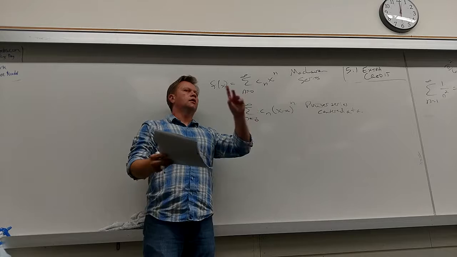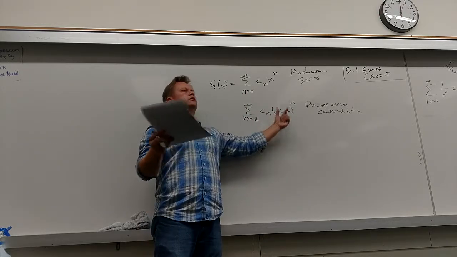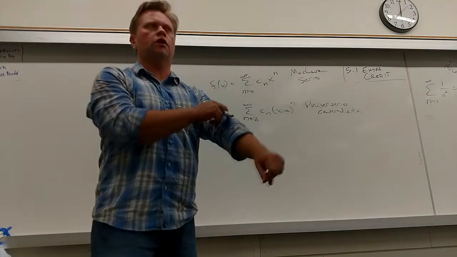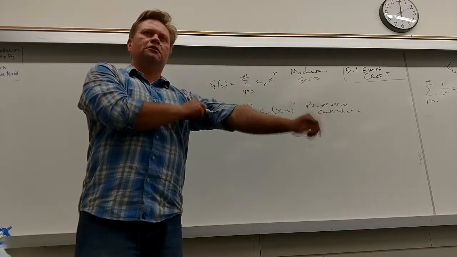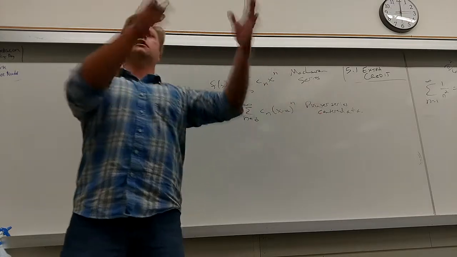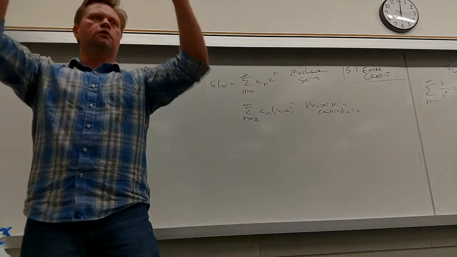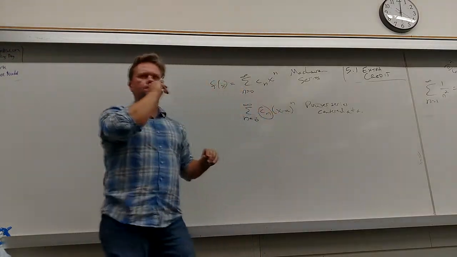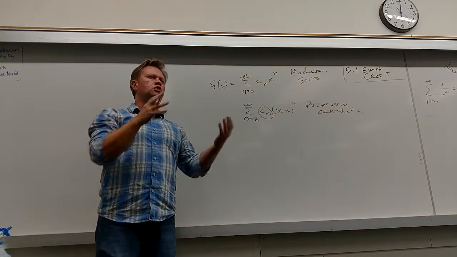Now, the difference between pure power series and Taylor series is, I don't know if you guys remember how to construct a Taylor series, but you're given a function and it says make a Taylor series out of this. So you do a lot of derivatives, and you have a form for Cn to plug into, right? So that's how you construct a Taylor series.